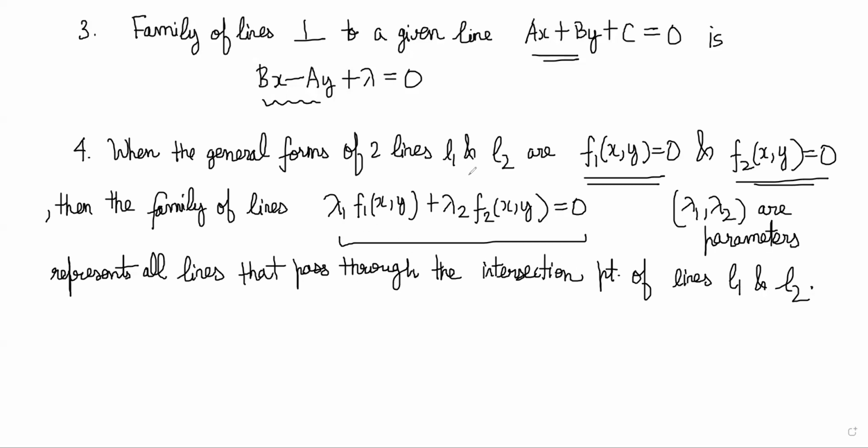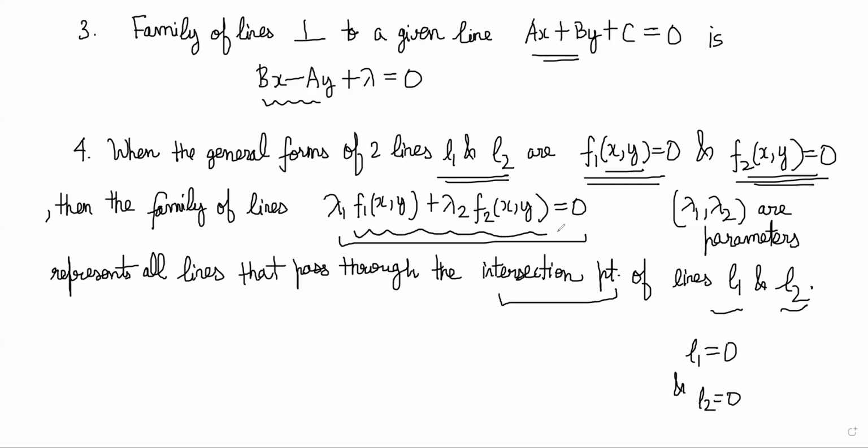Because here L1 equation was F1 and L2 equation was F2. Any point that is the intersection point of L1 and L2 makes F1 equal to 0 and makes F2 equal to 0. So definitely that will satisfy this equation, right? So the intersection point always lies on this because it satisfies this equation. And this is in general a family of straight lines. So basically it will be the family of straight lines passing through the intersection of L1 and L2, right?